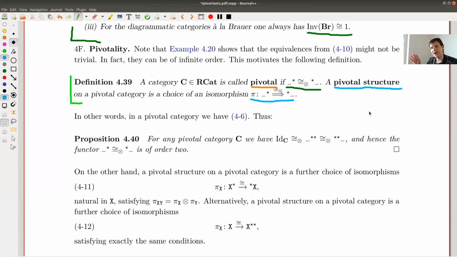In my notation, pivotal is the one where you can click a box, yes, it is pivotal, or no, it is not pivotal, because it's a statement about dualities, about whether two functors are equivalent or not. And the pivotal structure is a choice of an isomorphism.